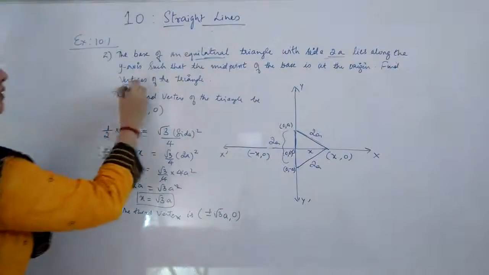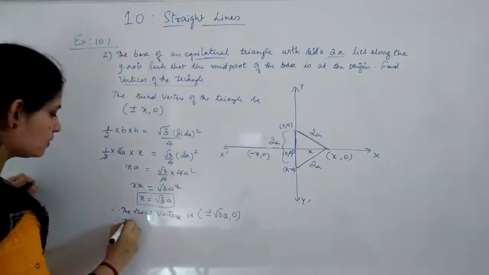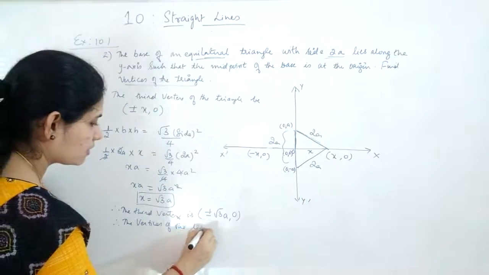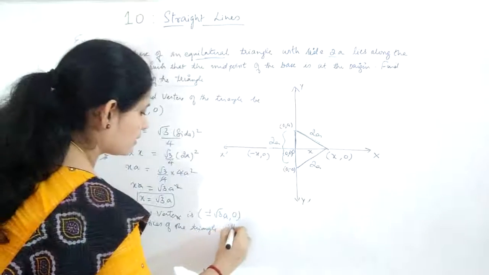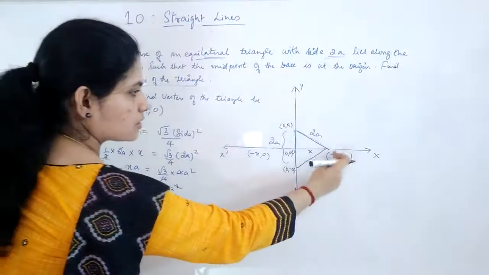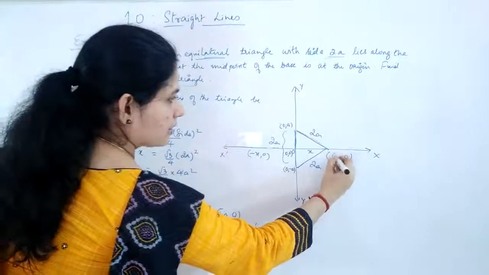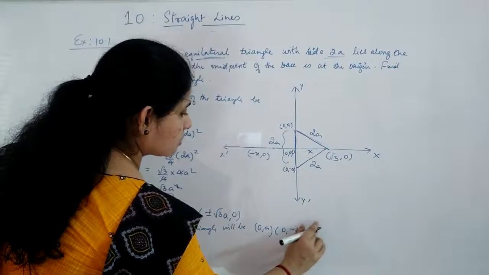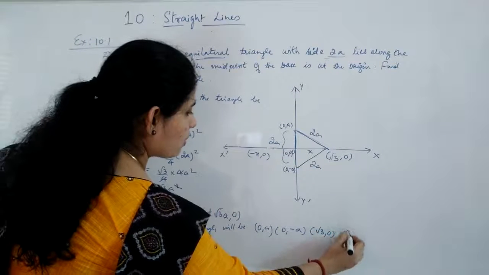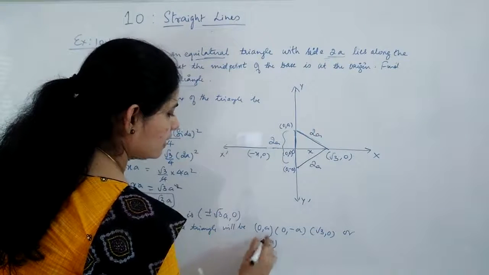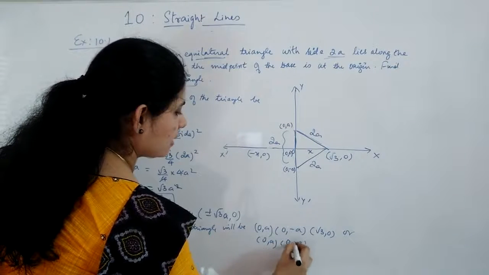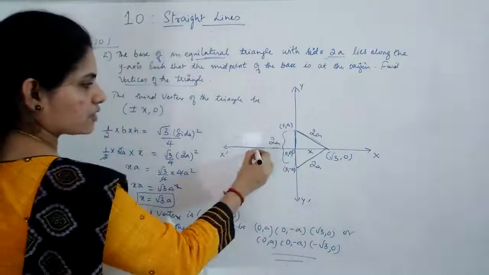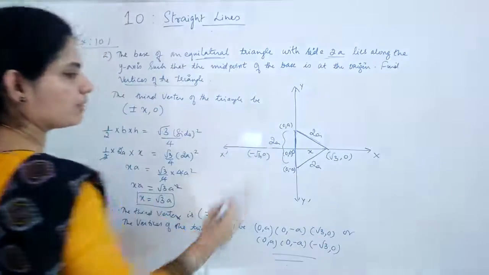The question is to find all the vertices of the triangle. Therefore, the vertices of the equilateral triangle will be either (0, a), (0, -a) and (root 3 a, 0), or (0, a), (0, -a) and (-root 3 a, 0). If it is in this part it will be (-root 3 a, 0).